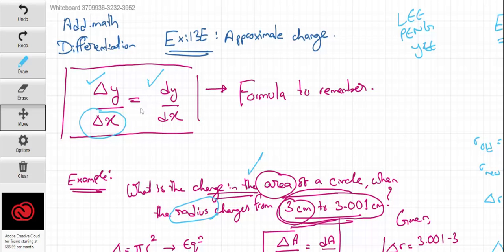For large values, we usually find the old value of y and then the new value of y and then subtract them. But for small values of x and y changes, we use this formula.